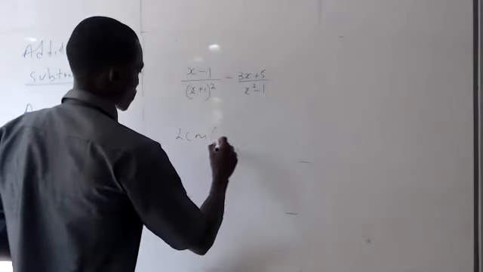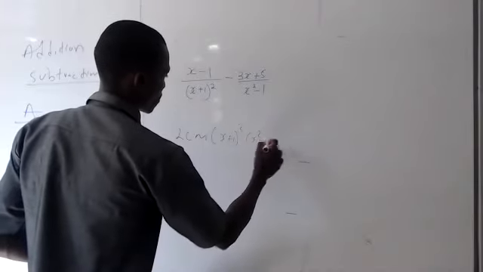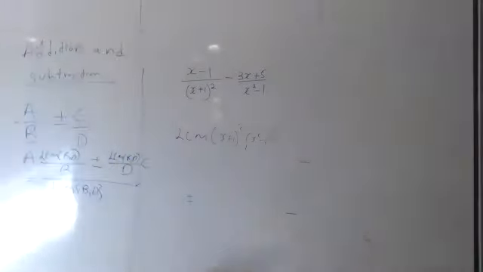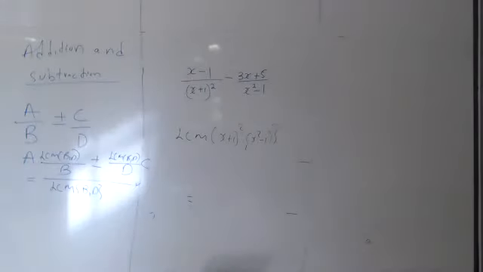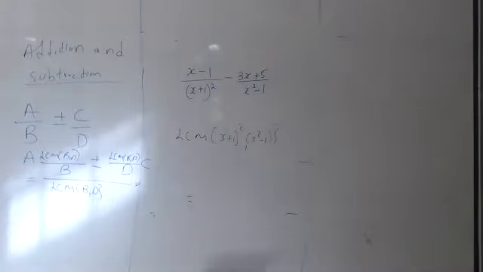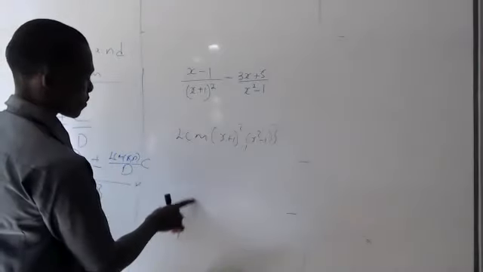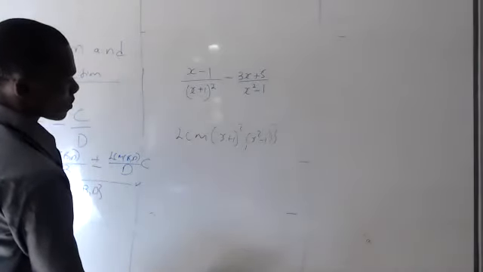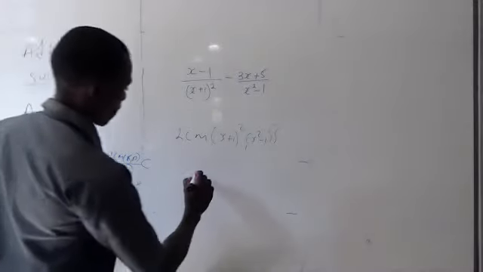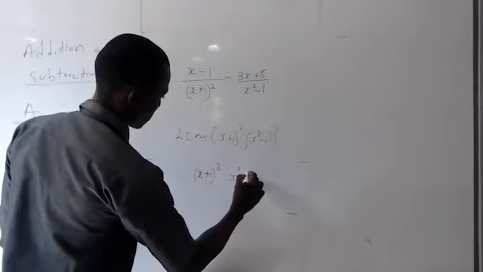LCM of x plus 1 squared and x squared minus 1. What is going to be the LCM? x plus 1 squared and x squared minus 1. Are you sure? Let me see.